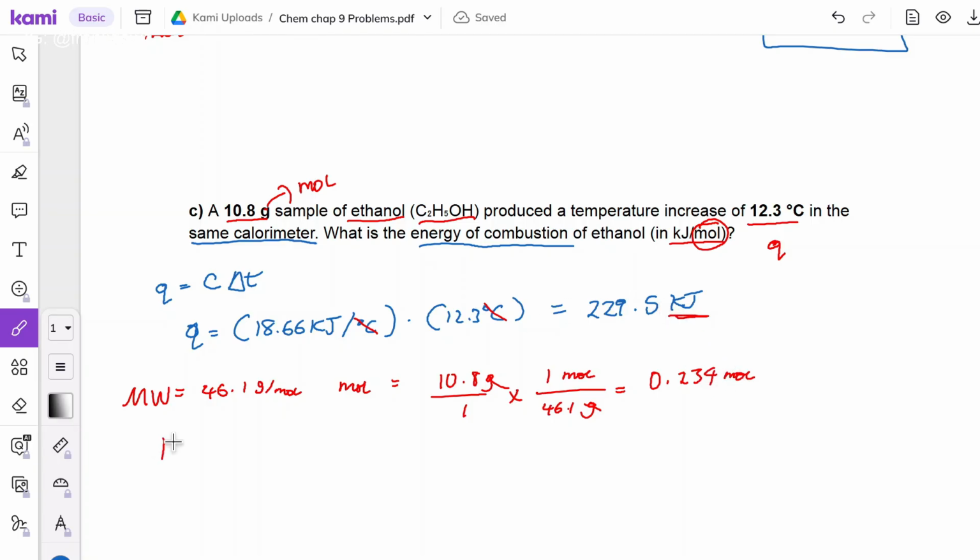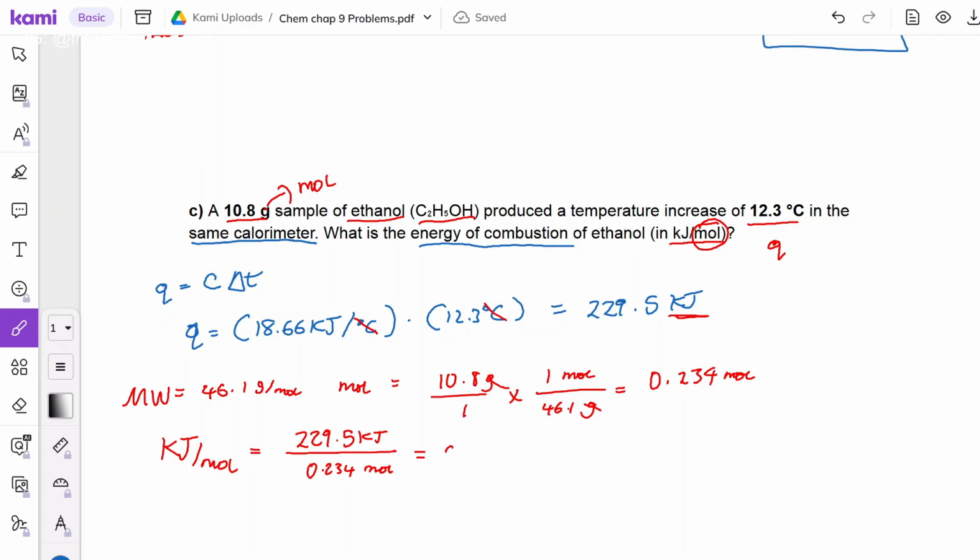So to find the kJ/mole, you do 229.5 kJ divided by 0.234 moles. So you can get the energy per mole.